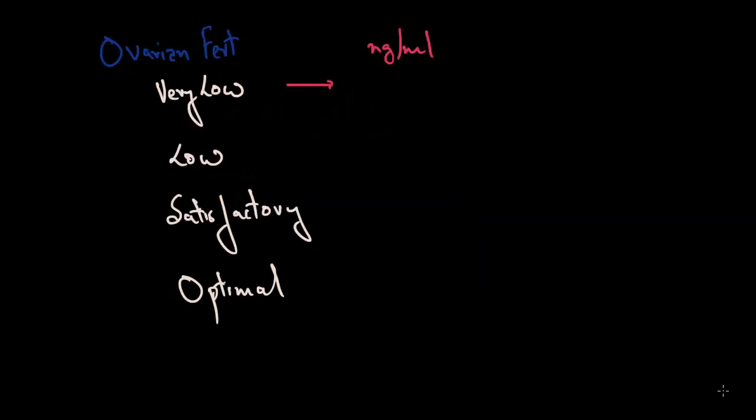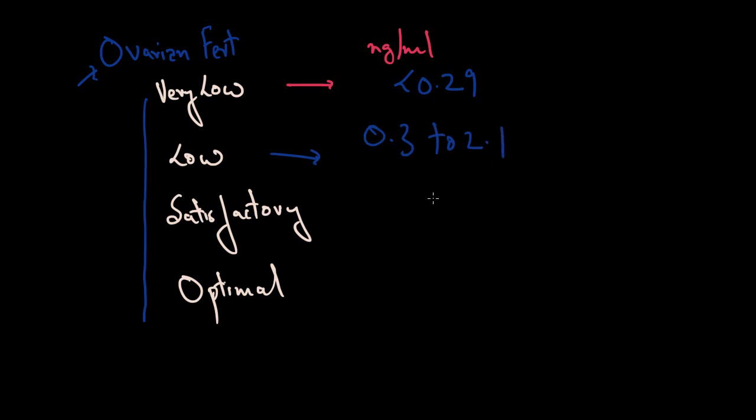Based on the levels of AMH, ovarian fertility can be of 4 different kinds: very low, low, satisfactory, and optimal. In the very low category, usually the levels are less than 0.29, whereas in the low category it will be between 0.3 to 2.1.